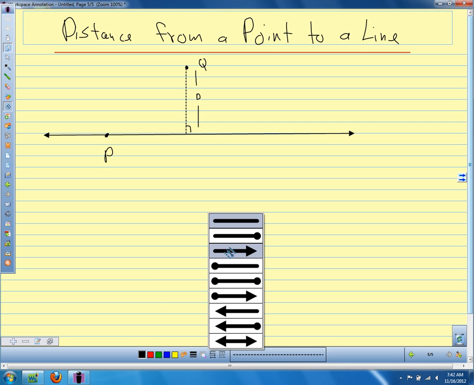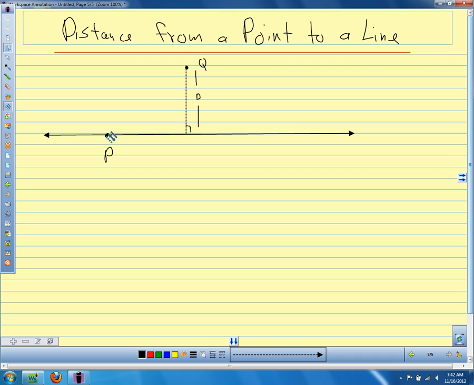Oops. I want that to be solid. So let's connect P and Q. There's my vector PQ. And I'm going to say that I have a point P on the line. Let's draw in our direction vector for the line as well. So there's my direction vector for the line.